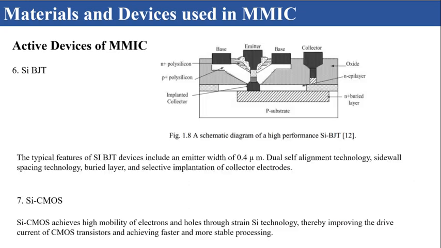And the typical features of silicon BJT devices include an emitter width of 0.4 micrometers, dual self-aligned technology, sidewall spacing technology, buried layer, and selective implantation of collector electrodes.